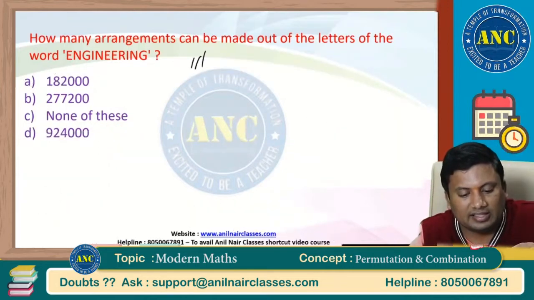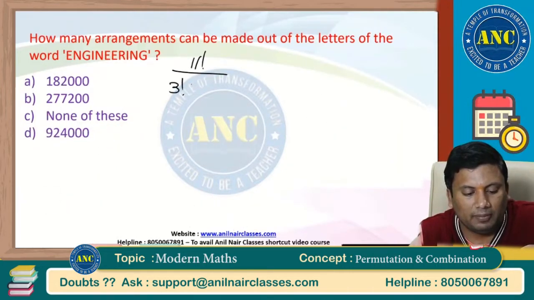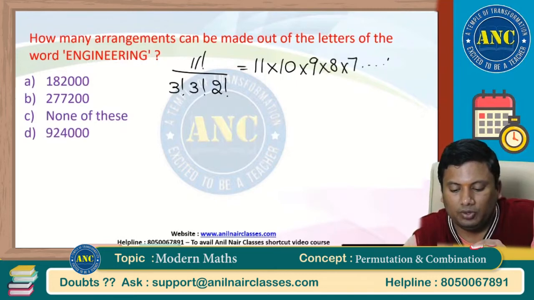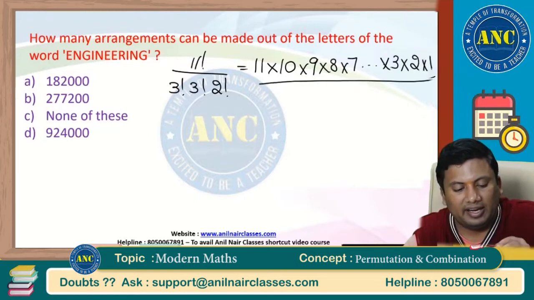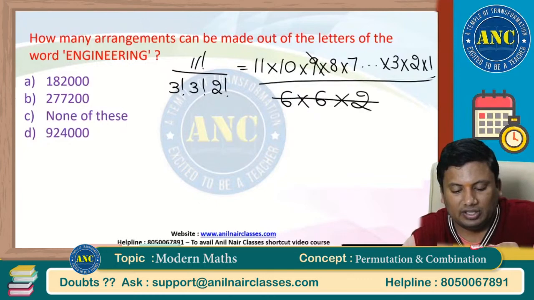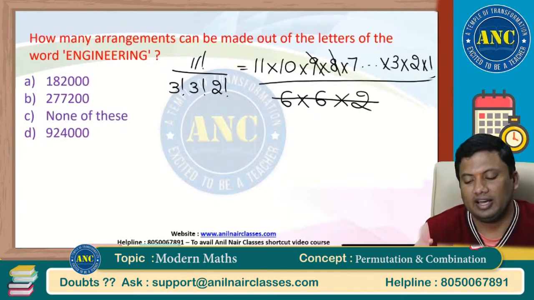We got the answer as 11 factorial by 3 factorial, 3 factorial, 2 factorial. That is 11 into 10 into 9 into 8 and so on up to 3 into 2 into 1, divided by 3 factorial which is 6, another 3 factorial which is 6, and 2. 36 2s are 72. This entire thing will get cancelled out.